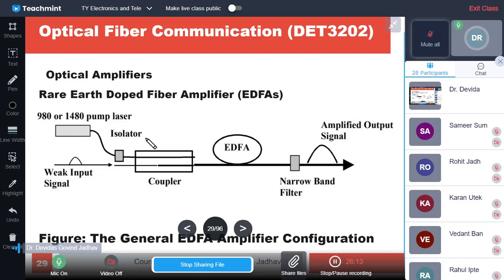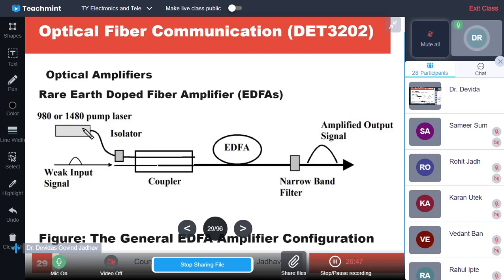In this case there is a coupler which couples the original weak input signal and the pump laser. A 980 nanometer or 1480 nanometer pump laser is there, and that optical energy is connected through an isolator to the coupler. The isolator isolates the energy returning back through the coupler by backscattering to the pump.